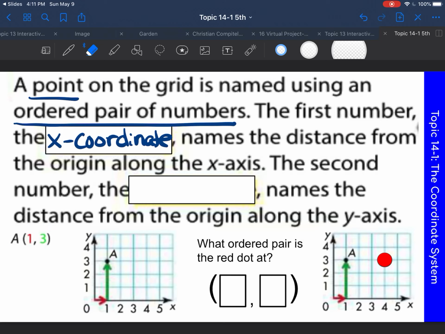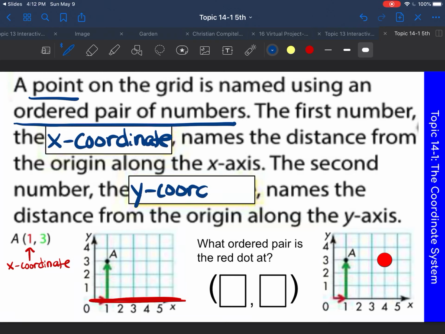Basically, on the x-axis, it tells you how far to go over. Then the second number, which is the y coordinate, names the distance from the origin along the y-axis.